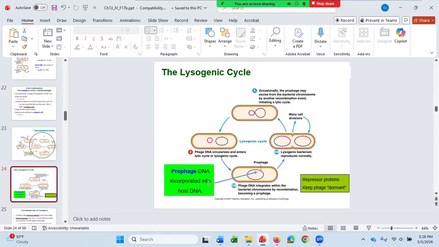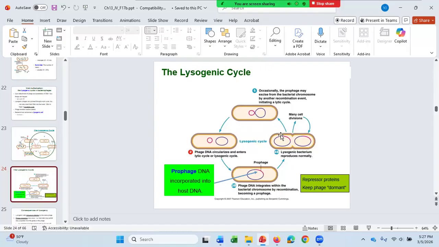I already talked about the prophage DNA, which is when the viral DNA incorporates into the host cell chromosome. And we talked about how the lysogenic virus can switch to the lytic life cycle. If it does, the prophage is excised from the chromosome.